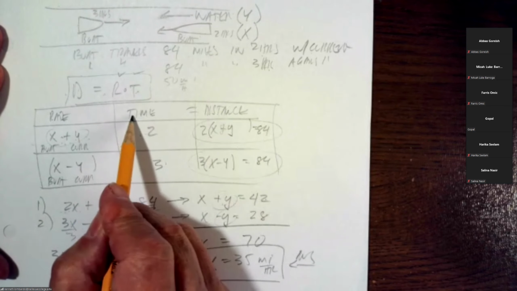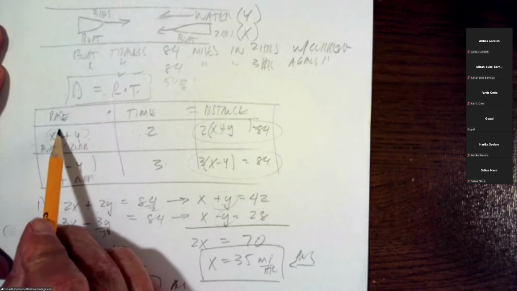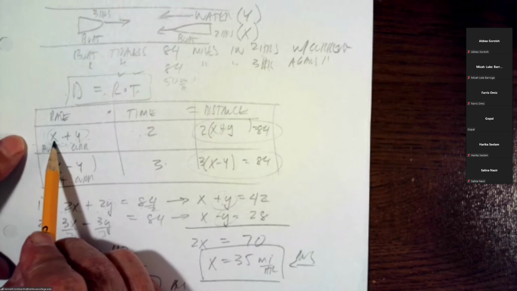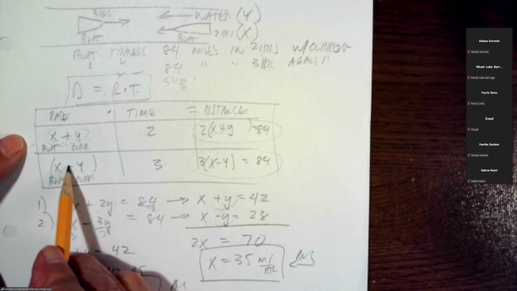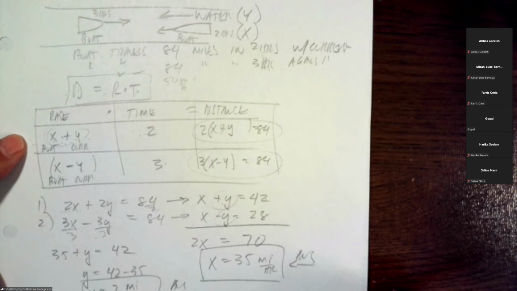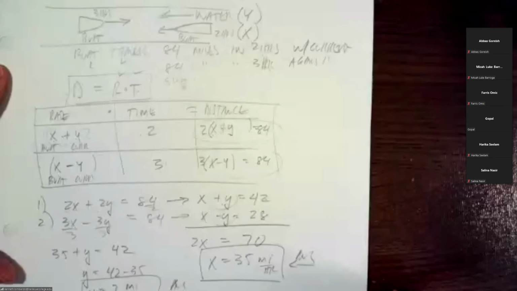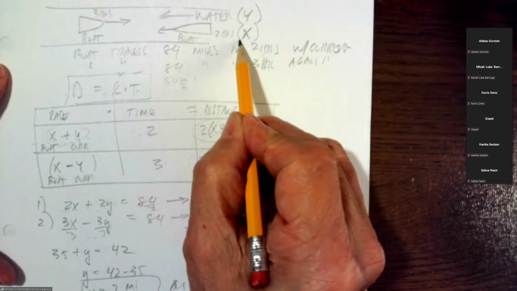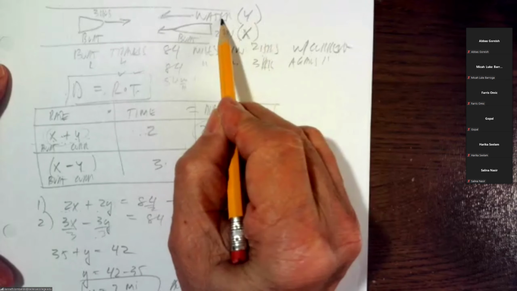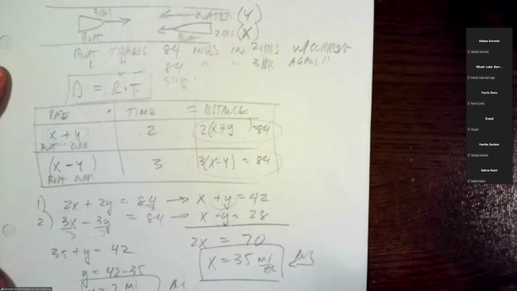Distance equals rate times time, and the rate is given in terms of x and y. So my question was, what are we looking for? We're looking to solve for x and y. And here we've labeled x as the rate of the boat and y as the rate of the water. Okay, thank you. Other questions?